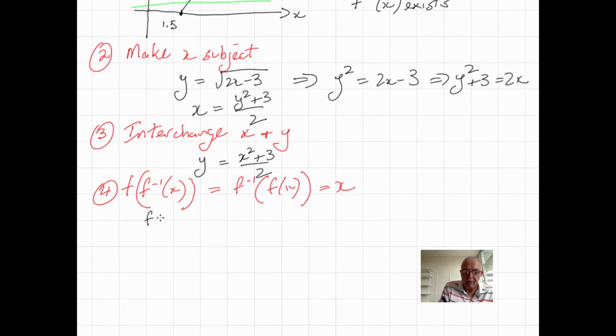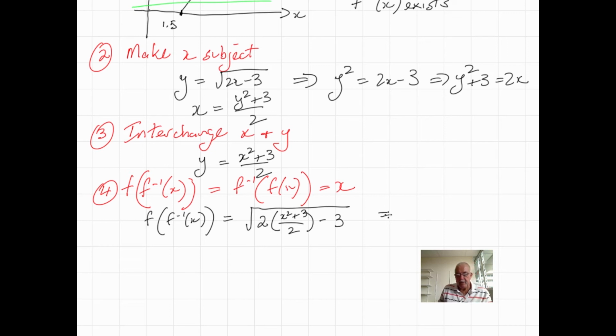So we've got f of f to the minus 1 of x equals, now the original function is the square root of 2 times something minus 3. Now what is that something in that bracket? It is simply what the inverse function is, x squared plus 3 all over 2. And we're hoping that's going to turn out to be x. So what have we got here?